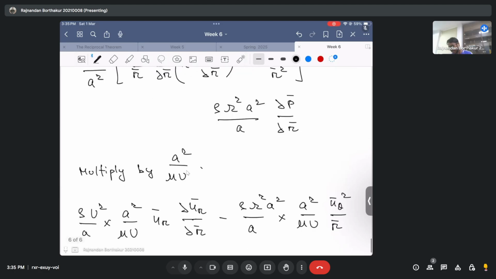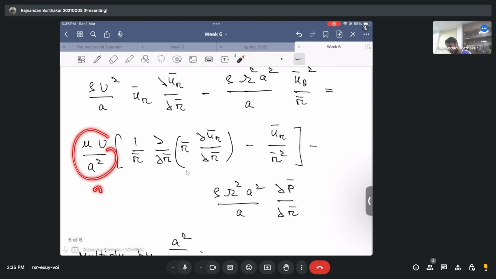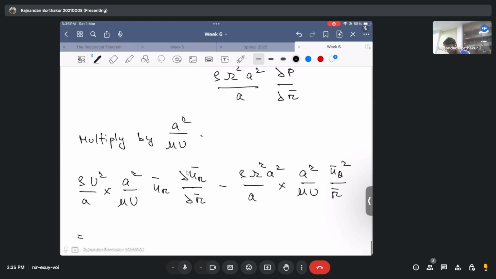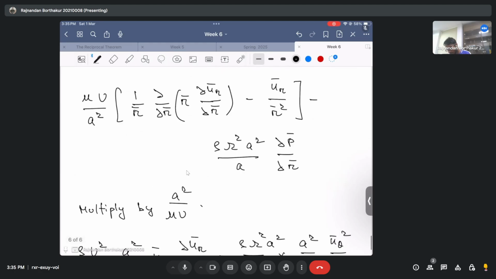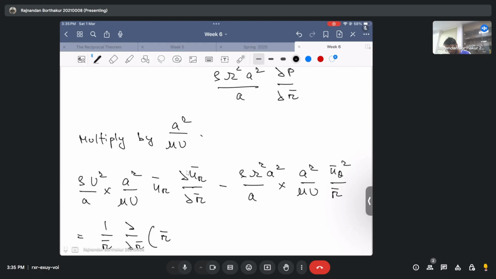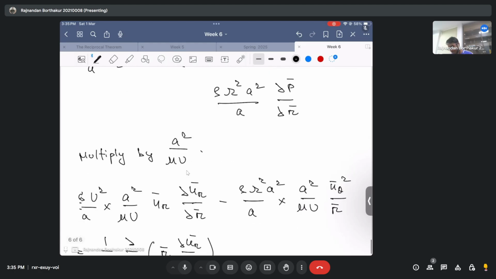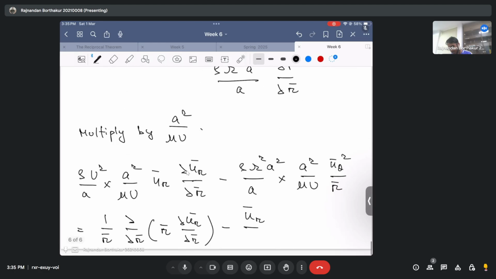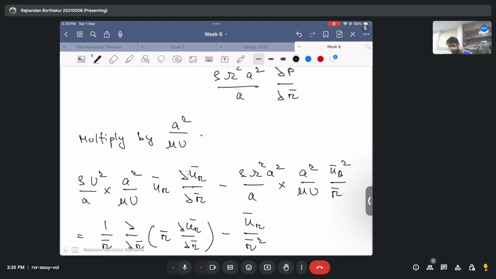And then this term would just give me 1 because I have multiplied with the reciprocal, so I will just have 1 upon r bar del r bar of r bar times del u r bar by del r bar, okay? And I'm just going to have one more term which is minus u r bar by r bar squared, okay?